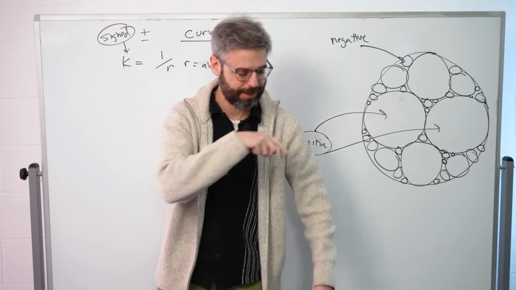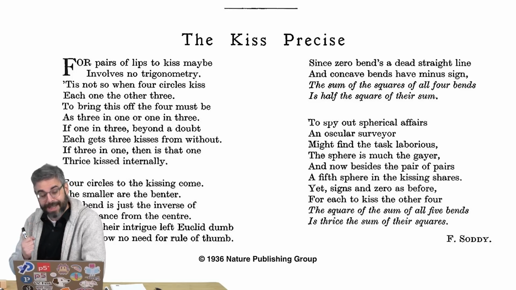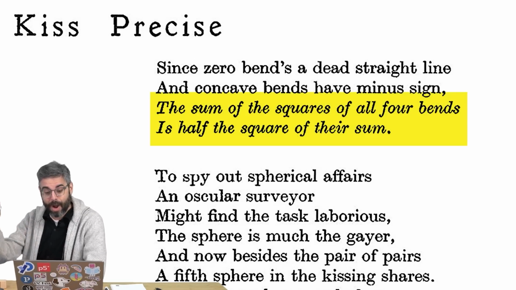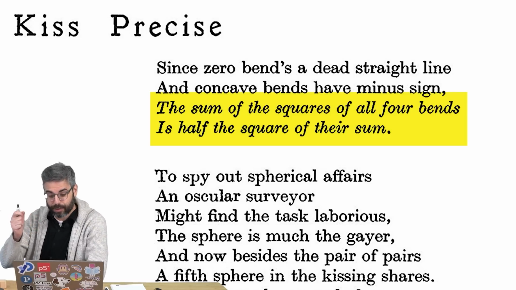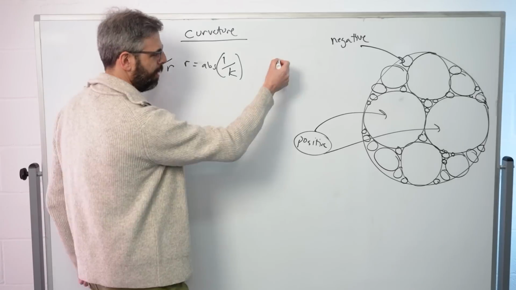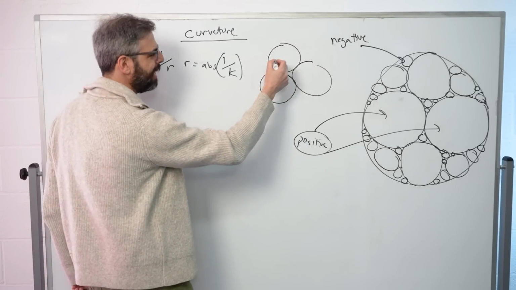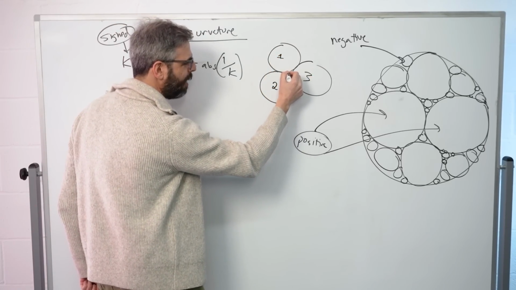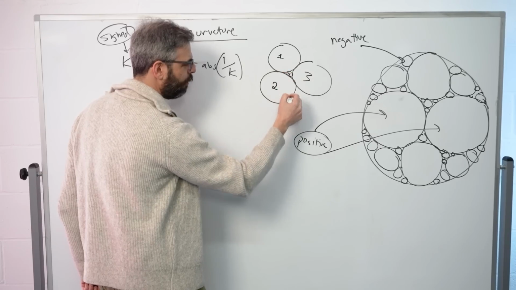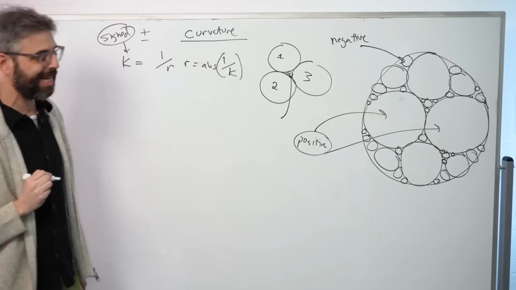Descartes' theorem is expressed in the poem as: the sum of the squares of all 4 bends is half the square of their sum. So if this is circle 1, 2, 3, how do I find circle 4 that's inside there?